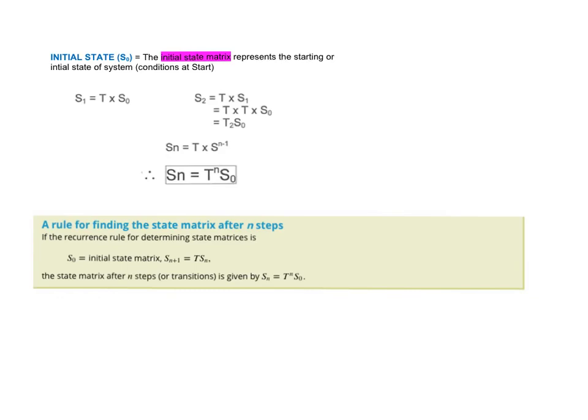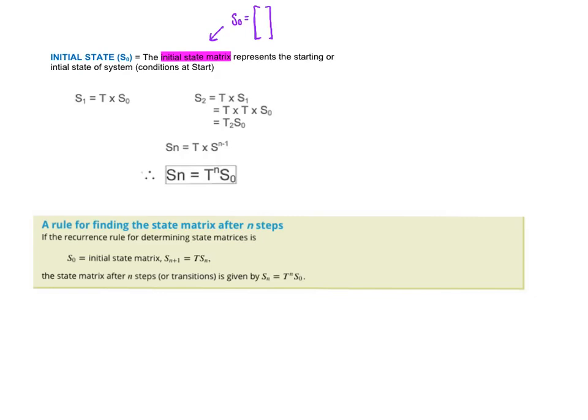Okay, now that we know how to set up a transition matrix, we're going to use that transition matrix to find another state, or find out what happens in the next week or a couple of weeks' time, and so on. So generally when they will give you the original scenario, they might call it the initial state, and we often write it as S0 and whatever, and it'll be a column matrix.